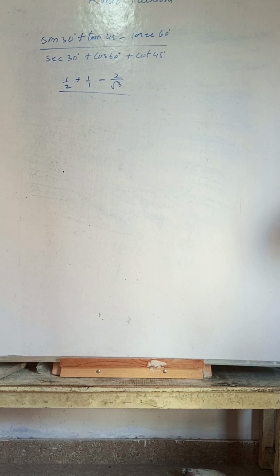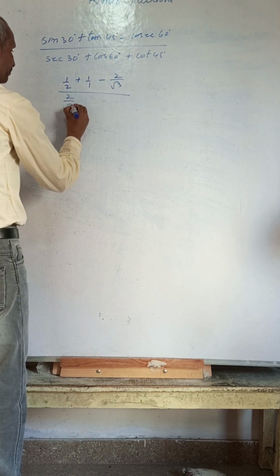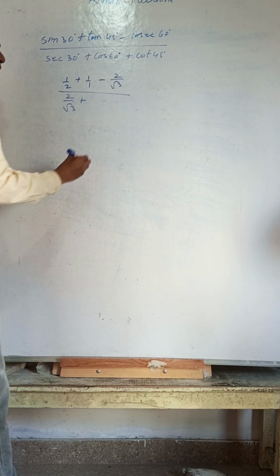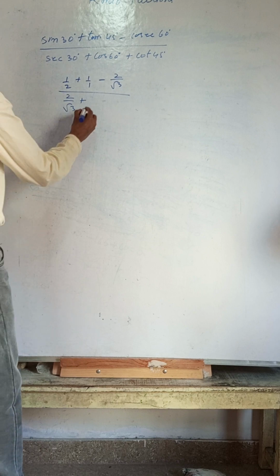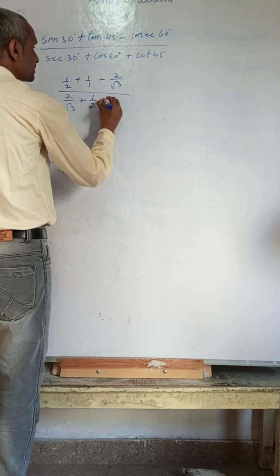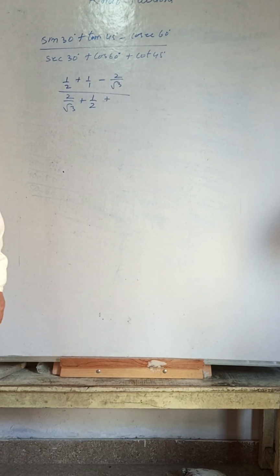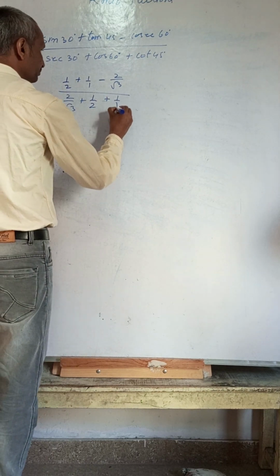Sec 30 value is 2 by root 3. Plus cos 60 value, which is 1 by 2, plus cot 45 value, which is 1, so 1 by 1.